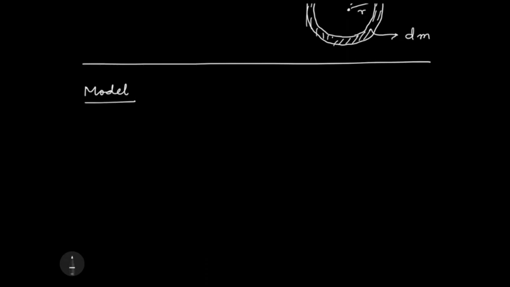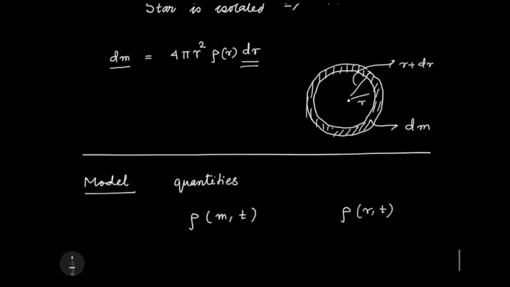We are asking now what are the quantities we will seek change for, and what are the types of changes that we'll seek. So one is the density of the star, which I can write either as a function of mass and time or as a function of radius and time.